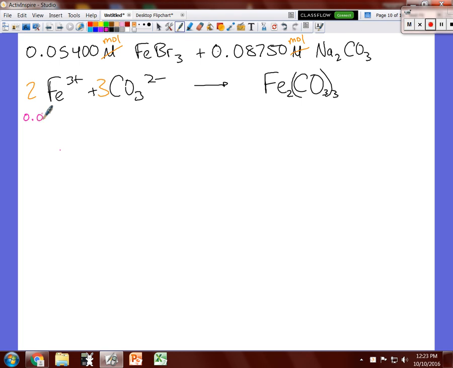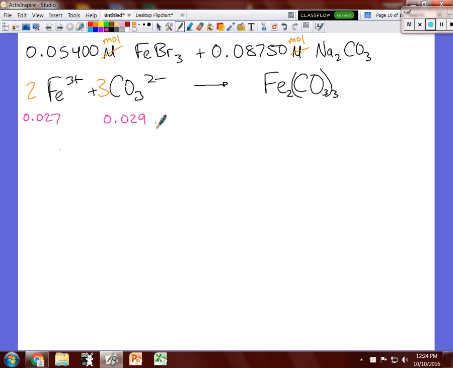All right, because since it's divided by 1 liter. No, it's not divided by 1 liter. It's multiplied by 1 liter. Because moles is molarity times volume. Okay. What is it one more time? 0.054, like that? Okay. All right, and then this is what, 0.29? All right, so now we can determine which one our LR is, right?